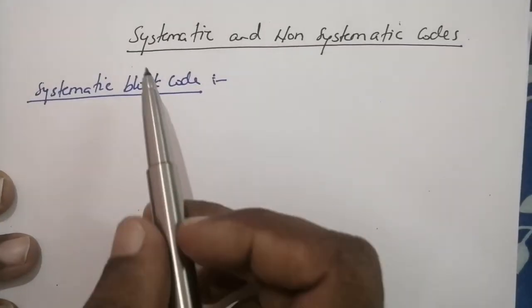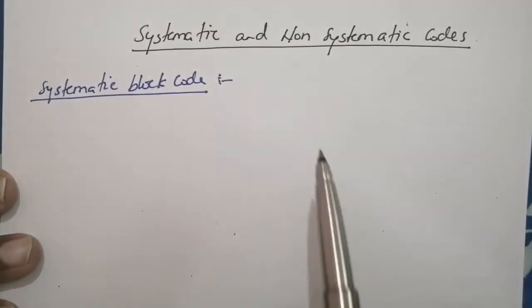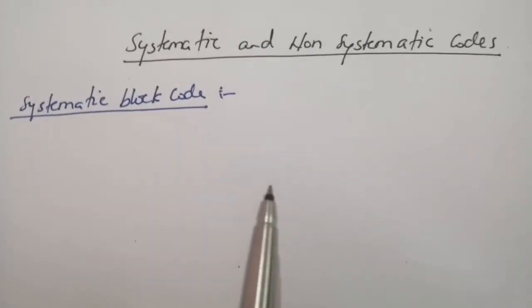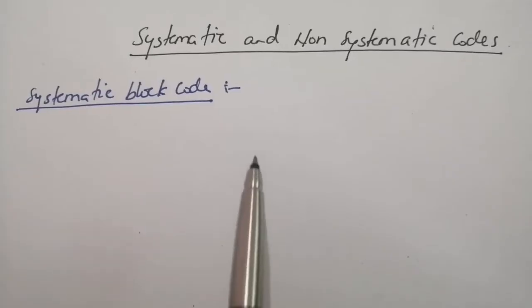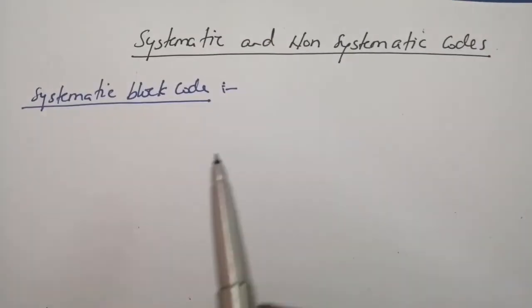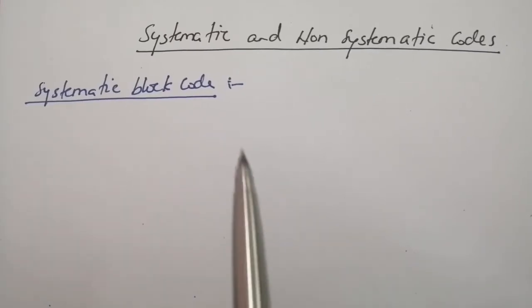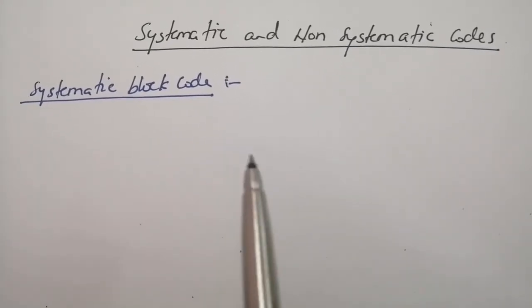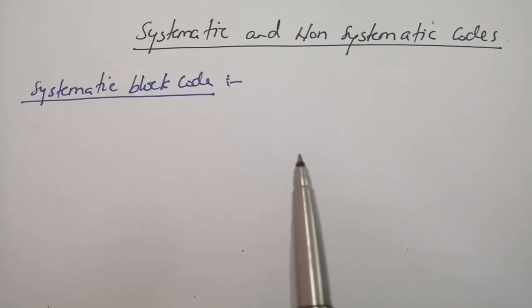Now we will discuss systematic and non-systematic block codes. As we know, n-k parity bits are added to k message bits to create an n-bit code word. In a systematic block code, the n-bit code word consists of k unaltered message bits followed by n-k parity bits.